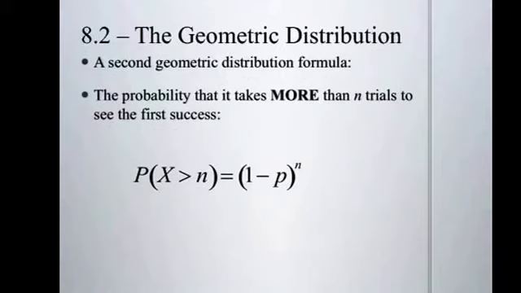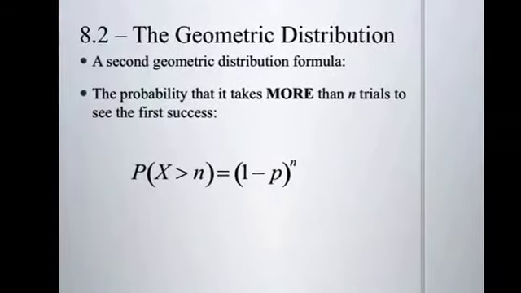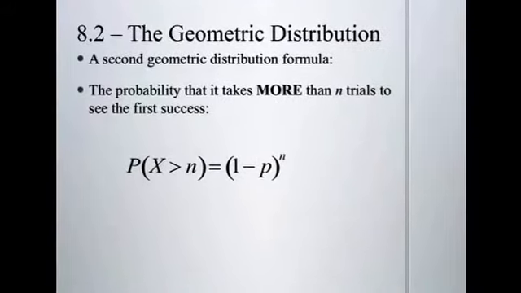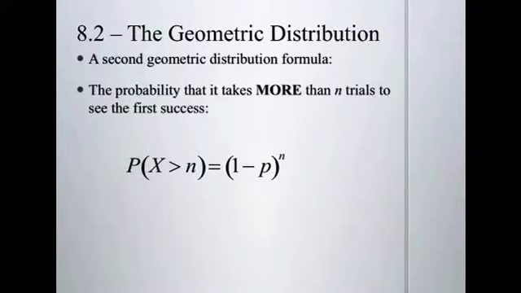A second geometric distribution formula is finding the probability that it takes more than n trials to see the first success. A lot of things are backwards for geometric distribution. So for mean, we're dividing. For the number of trials, we don't have a specific number of trials. We're counting the number of trials.